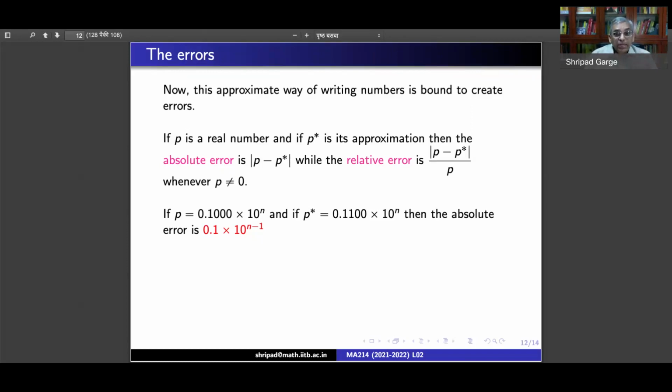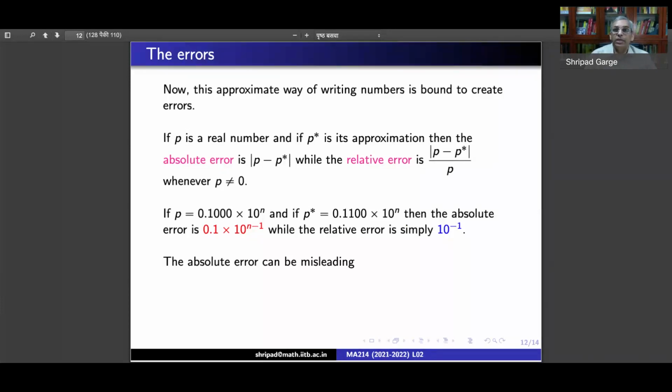But if we look at the relative error in all these cases, it is simply 10 power minus 1. The relative error is always 10 power minus 1. The point of having relative error is that absolute error can be misleading. Forget about checks and rupees and so on.